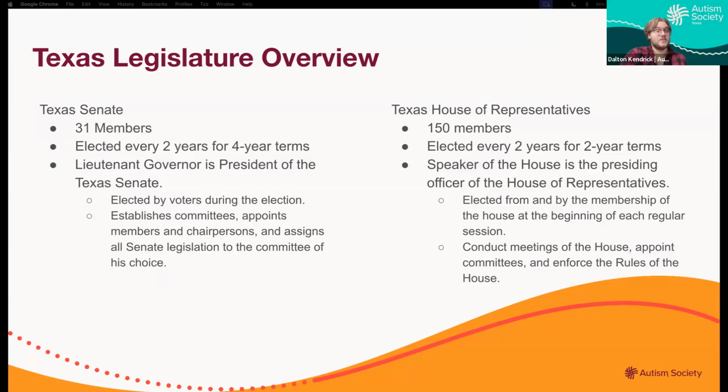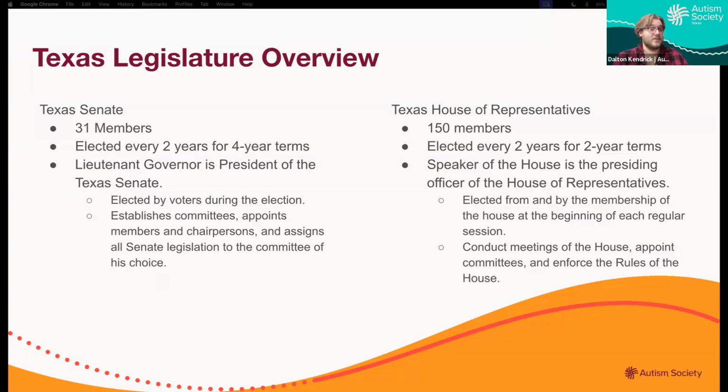The Speaker of the House is the presiding officer over the House of Representatives. Like I mentioned, as opposed to the Senate, the Speaker of the House is chosen from one of those 150 members. So he's chosen from people who have already been elected by their local constituents, and then is elected by other members of the House.